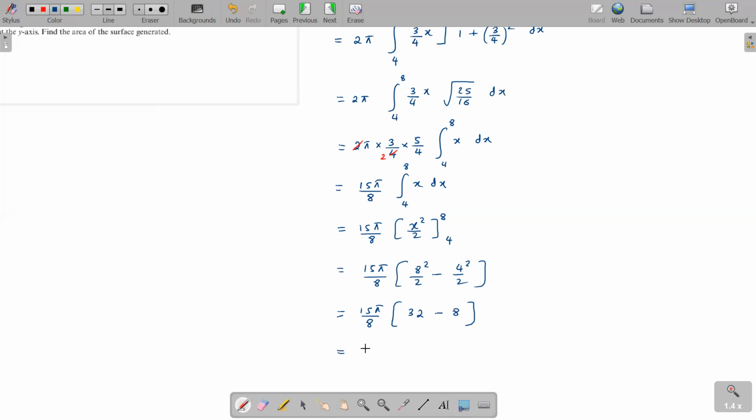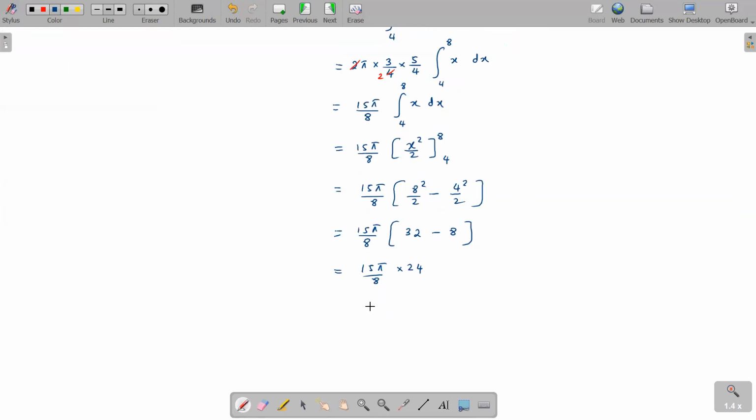So then what do we get? 15 over 8 into 32 minus 8. 32 minus 8 is 24. 8 times 3, so 3 times 15, 45 pi. 45 pi is the surface area of the solid generated.